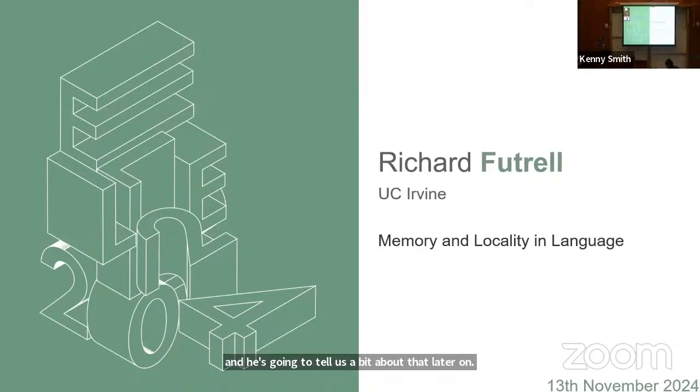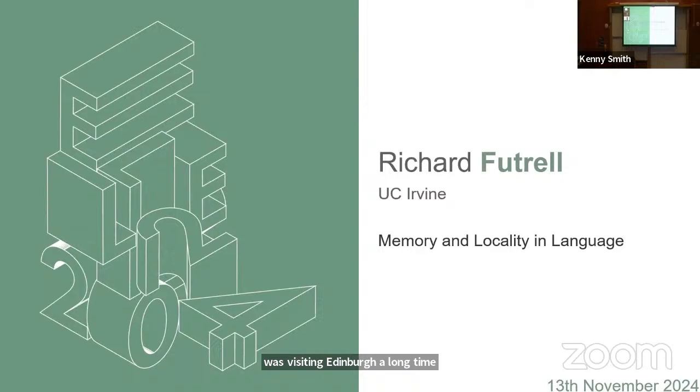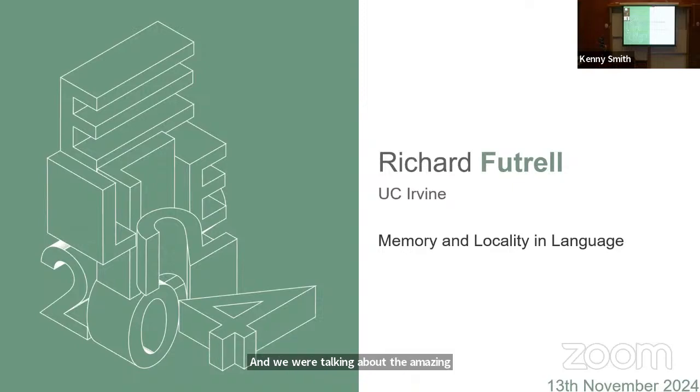Okay, so before I hand over to Richard, I just want to share a summary of Richard that I got from Ted Gibson. Ted Gibson, who was one of Richard's PhD supervisors, was visiting Edinburgh a long time ago, like 2014 or 2015 or something. And we were talking about the amazing cohort of PhD students he was working with at that time, including Richard.